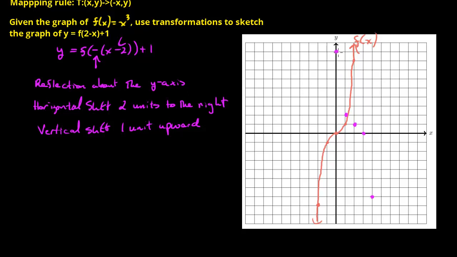Let's finish this off by drawing a smooth curve through these points. My graph should look something like this. So this is the graph of f of 2 minus x plus 1. In the next video, we'll look at how to graph functions involving stretches and compressions.